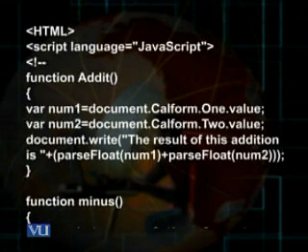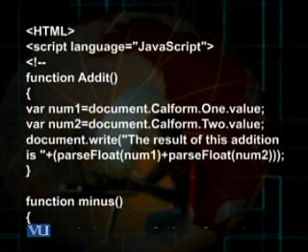You know by now that I'm asking that the value typed by the user in the text box called 1 in this form called callform, that value should be assigned to the variable num1.